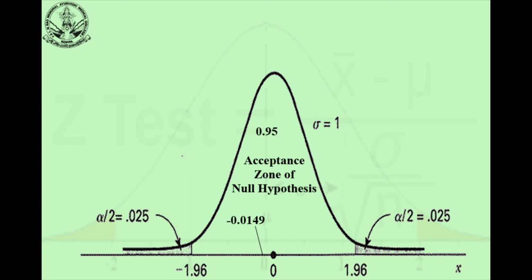It lies in the zone of the null hypothesis, so we accept the null hypothesis and reject the alternative hypothesis. That's the one sample test we have seen.